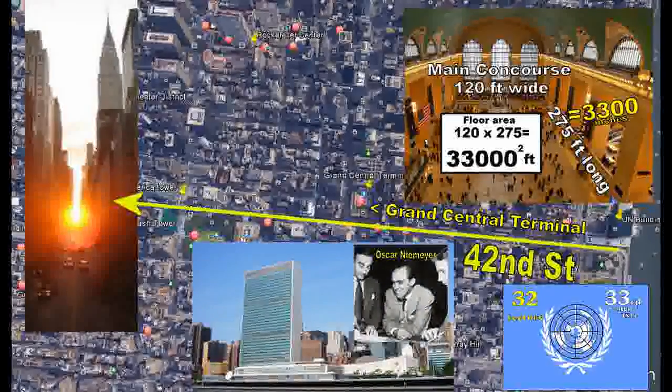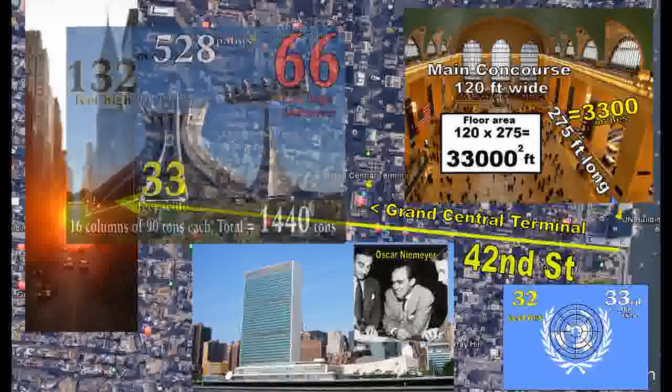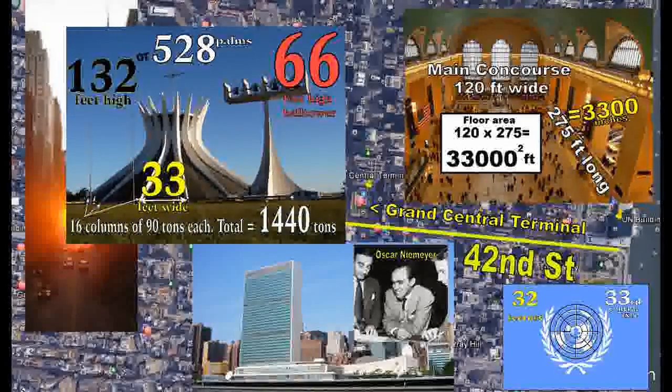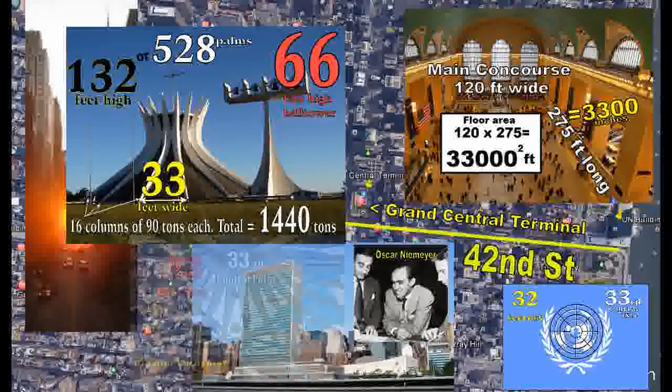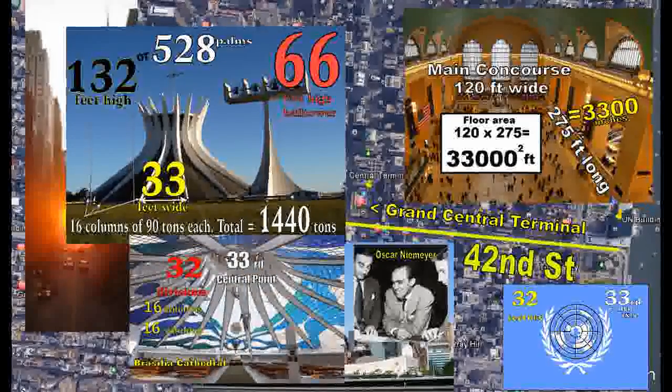The UN building, mentioned earlier, the architect was Oscar Niemeyer, who's very important for Brasilia, a protege of Le Corbusier. For instance, in Brasilia, he did the Brasilia Cathedral. Now, the columns are 33 feet apart, 66 feet, the bell tower, all the same sets of numbers mentioned in previous episodes, but there are also 32 columns.